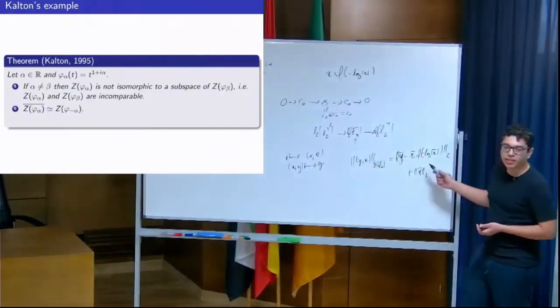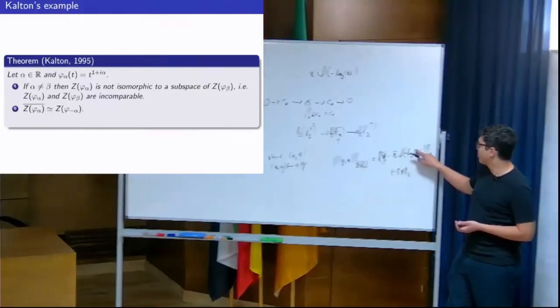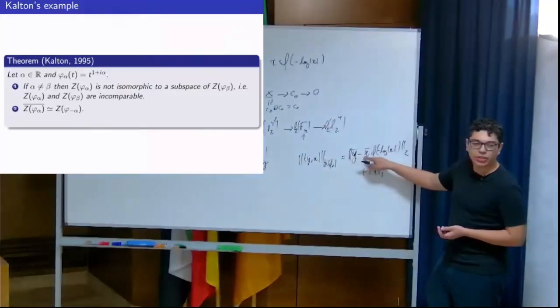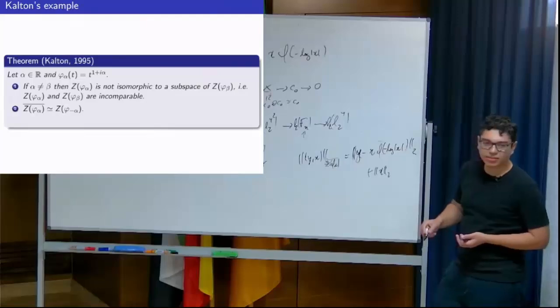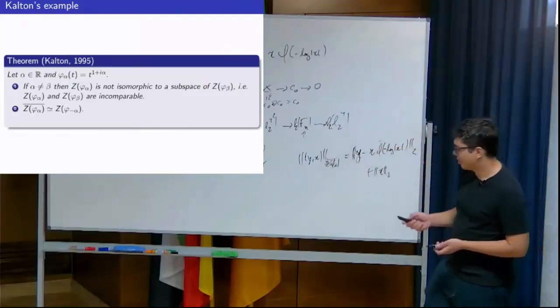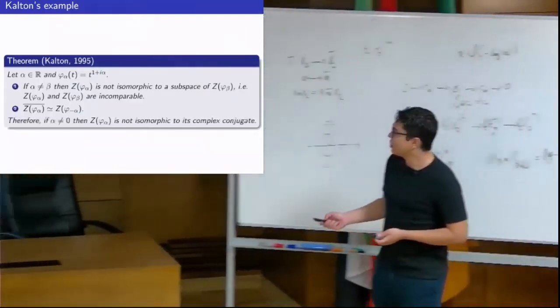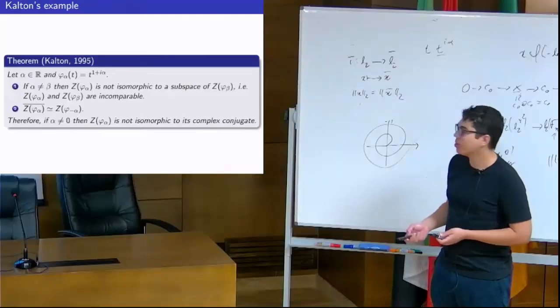Like I said, the norm of x conjugate is the same as the norm of x, so this appears. The modulus of x conjugate is the same. We have here a y conjugate, x conjugate. Take the conjugates here and put here. Okay? So it will conjugate the alpha there. So in particular, if alpha is different from 0, this space is not isomorphic to its complex conjugate.